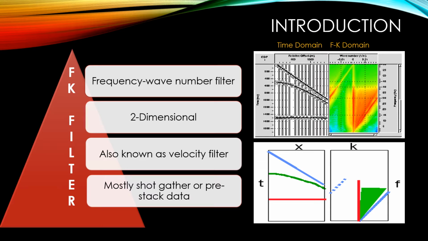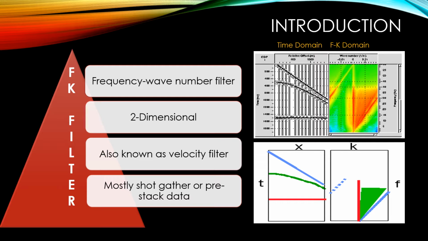FK filter is a continuation process after the frequency filter, which is also known as velocity filter. Basically, in seismic data, velocity is a really important parameter in order to get the best seismic image for further analysis and interpretation. In fact, a lot of noises in subsurface data are related to the velocity.